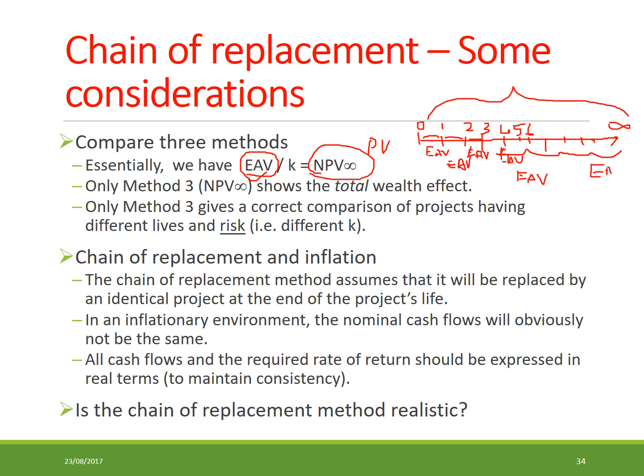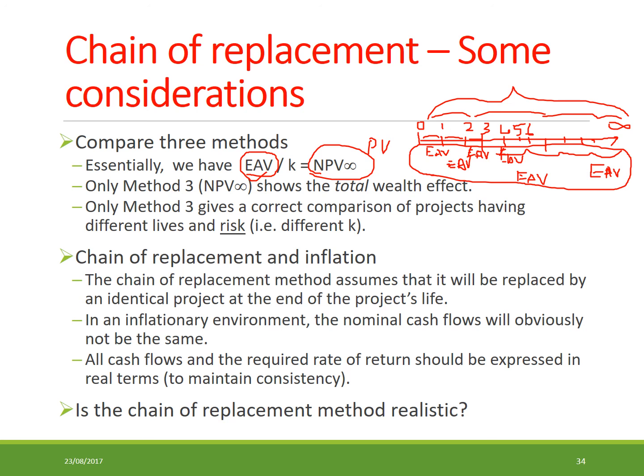So if we were to repeat the project until perpetuity, and if we were to calculate the EAV for each of the replacements, then we'll see that the EAV is simply just the cash flows that we receive for every year until forever, right? Until perpetuity. Okay. So this looks like a perpetuity formula to us, yeah? These cash flows would form a perpetuity, right?